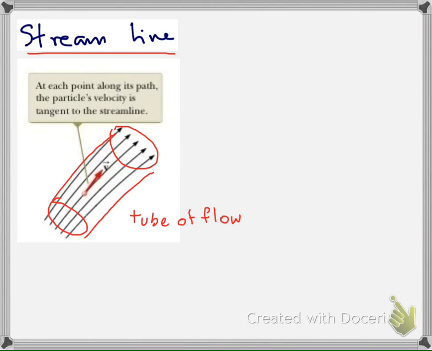Even though the fluid is not flowing in a tube, its behavior is very similar to the flow in a tube, because we can clearly define the streamlines and the bunch of streamlines. We call it the tube of flow. Okay.